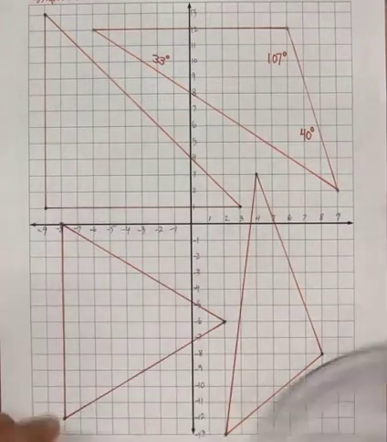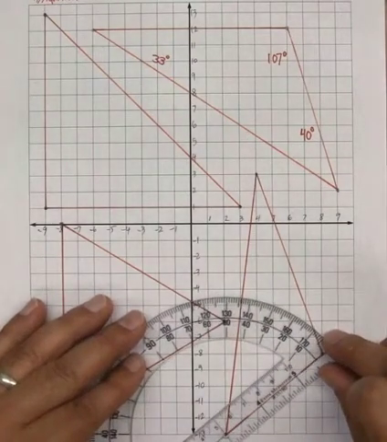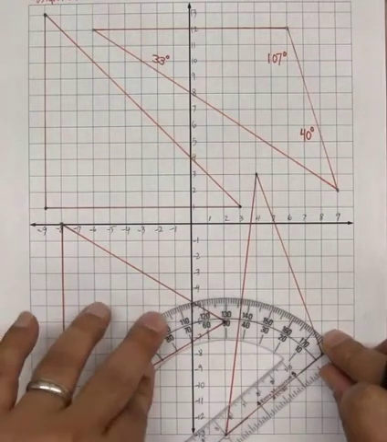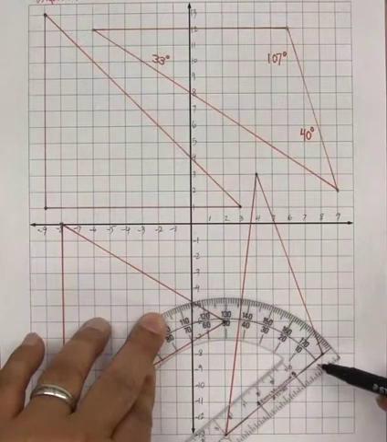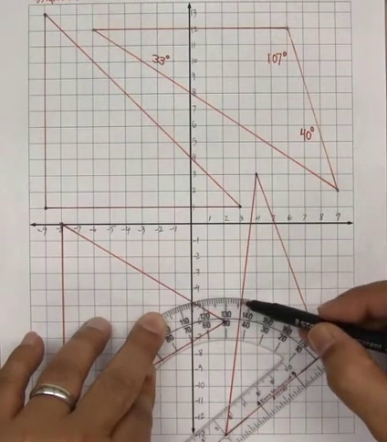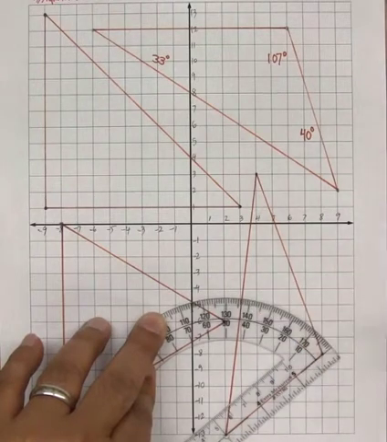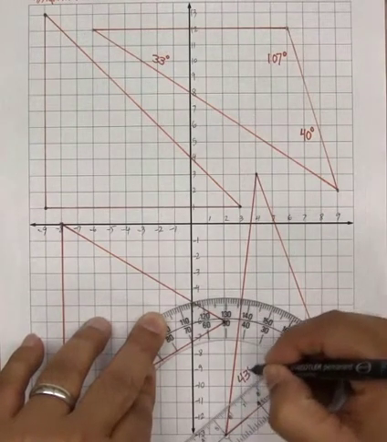Let's measure the angles on this triangle. We have this angle right here, starting here. It's between 43 and 44, so I'm going to say it's 43 degrees.